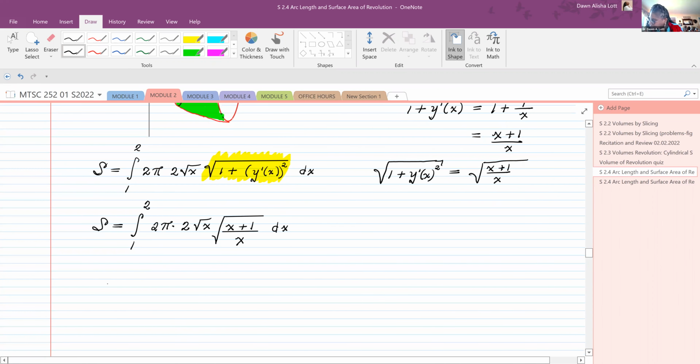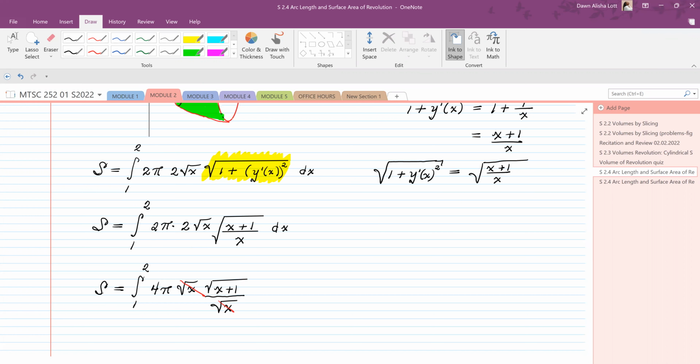So S is equal to, here's my algebra, guys, I'm going to write that as 4 pi, I have the square root of x, but this now becomes the square root of x plus 1 over the square root of x. Yay, how nice that is. Those two things are going to divide out.